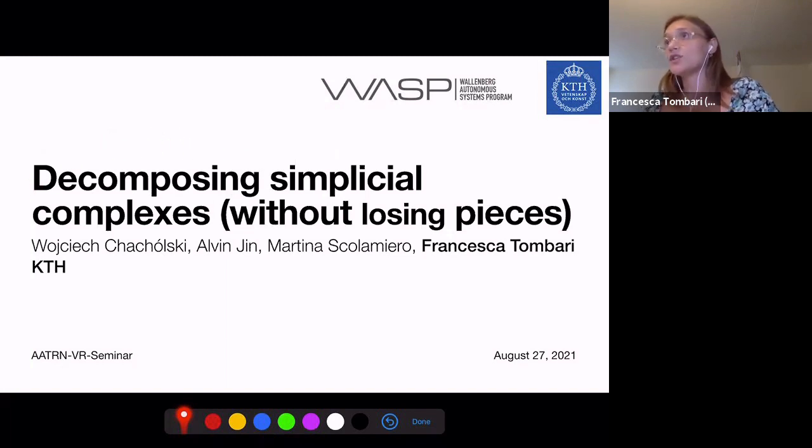What kind of decompositions will be clear in one or two slides. And it will hopefully also be clear why Vietoris-Rips complexes are good examples for this type of decompositions, and they're kind of natural ones as well. And hopefully we might also get a sense of what I meant by without losing pieces.